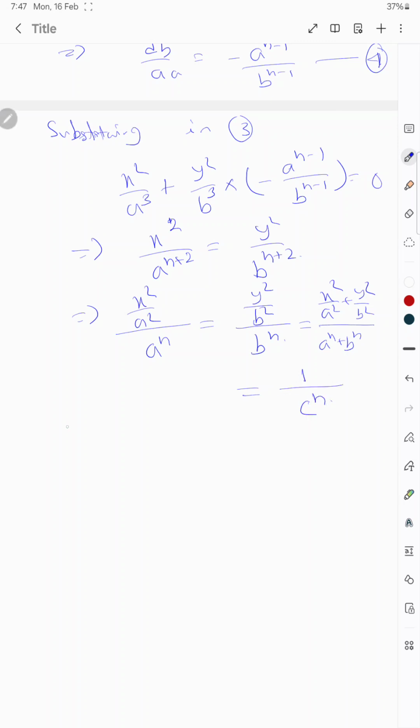So from there you are getting x square is your a to the power n plus 2 by c to the power n, and y square is also b to the power n plus 2 by c to the power n.